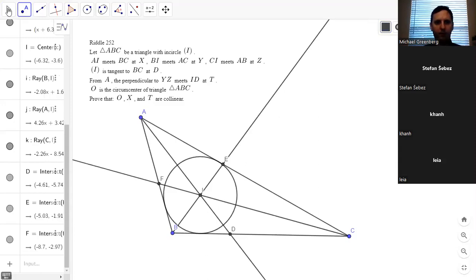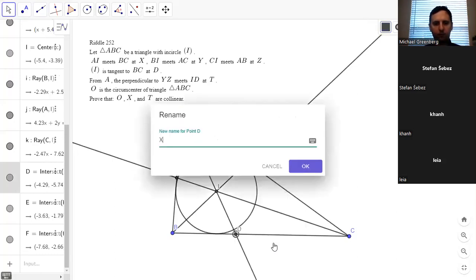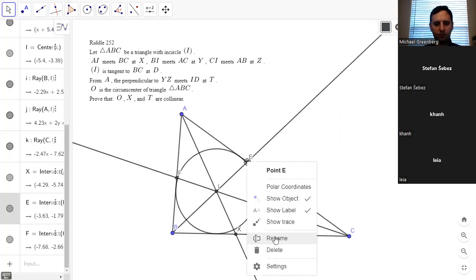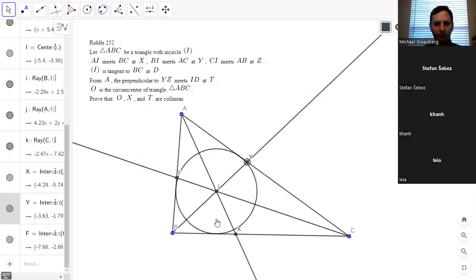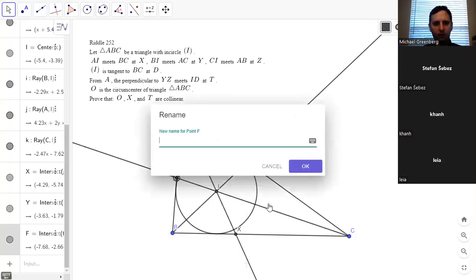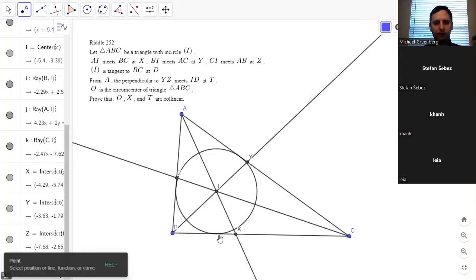All right. So these are X, Y, and Z. And the incircle is tangent at B to BC.